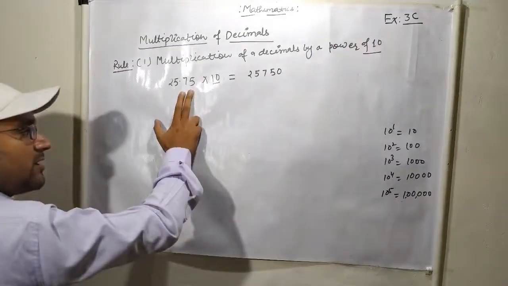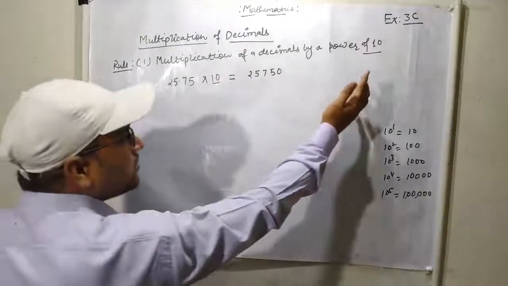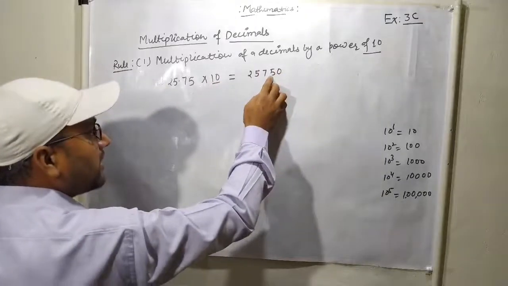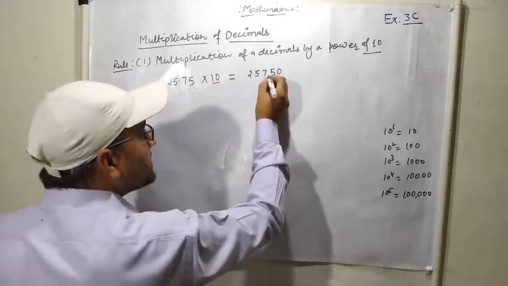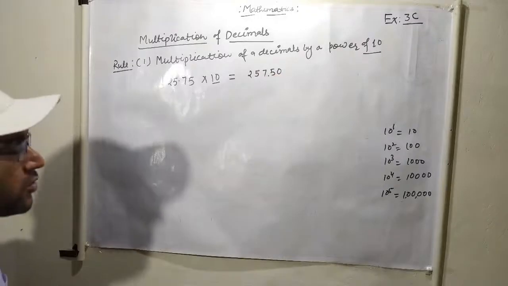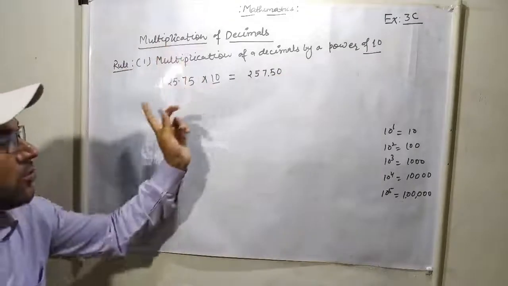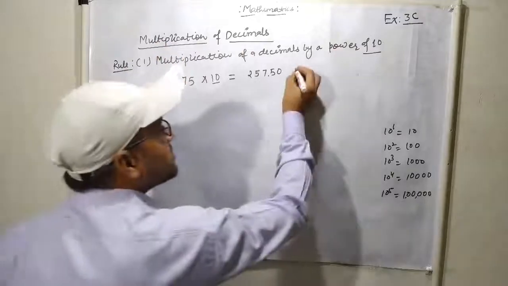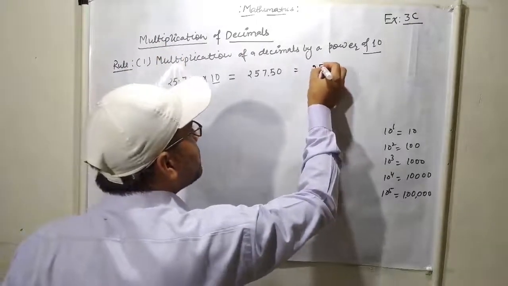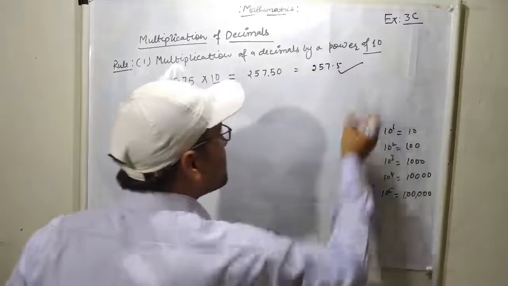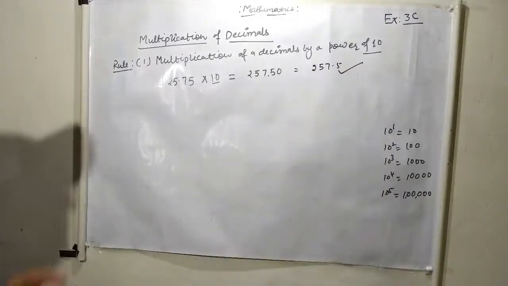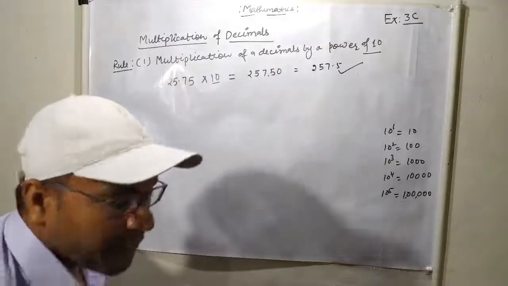There are 2 decimal places, so you count 2 numbers from the right, 1 and 2, and then put the decimal point. Or if you remember the rule, the decimal point shifts 1 place to the right. This is also your answer, 257.5.